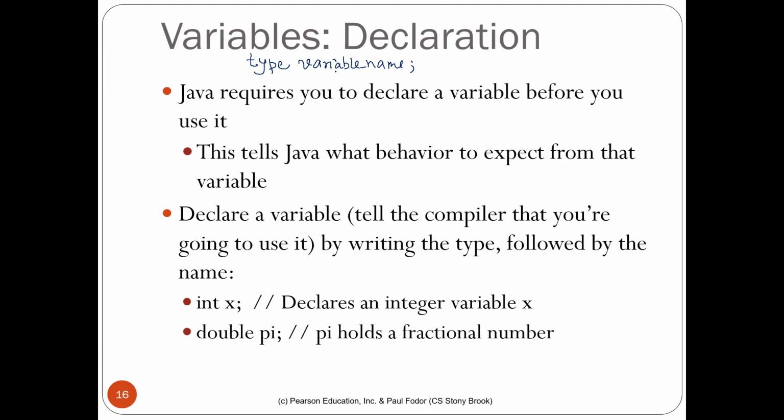First mention the type and then the variable name. So for example, int, that means the variable that you see after this would be an integer one. So you can say myInt. Alright, so myInt that you have is of integer type. So this is the type and the name of the variable.